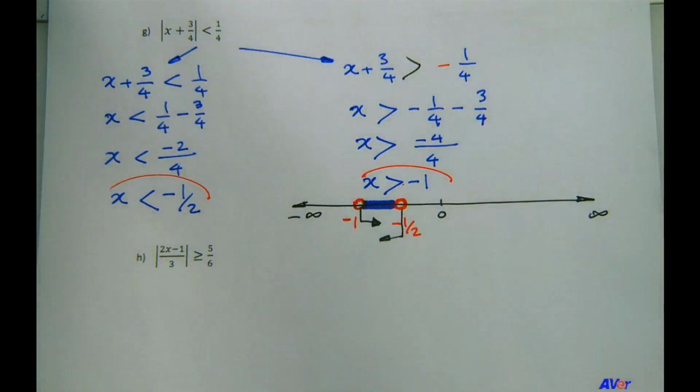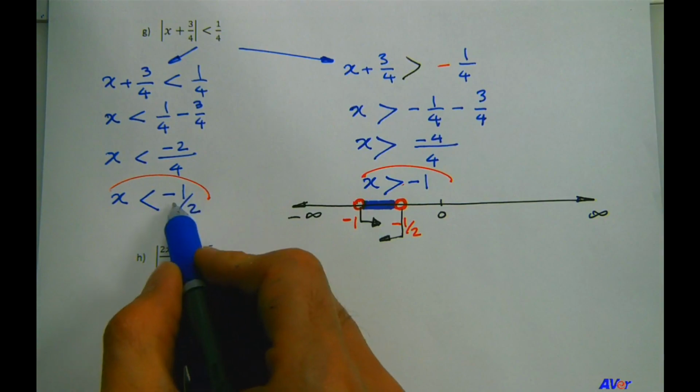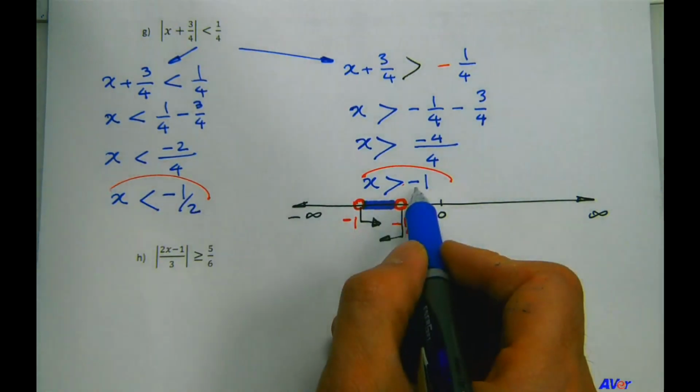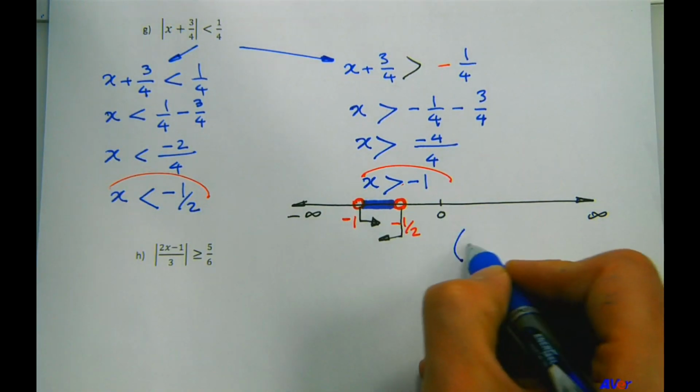Like that. So when I'm ready to write my final solution using interval notation, should I use parentheses or brackets? Are negative 1/2 and negative 1 included? No, they're not. So we must use parentheses. And the smaller number comes first.